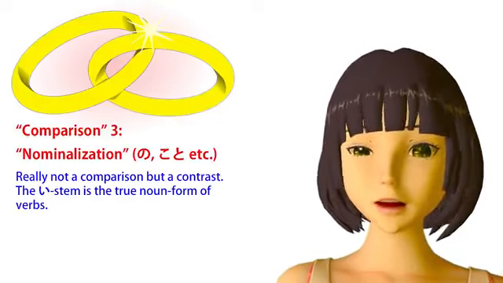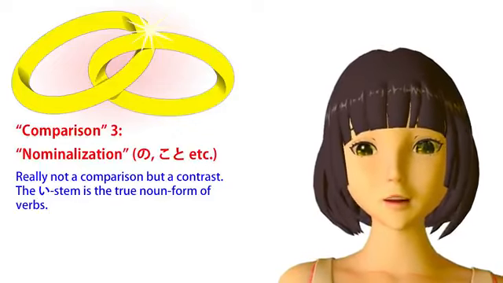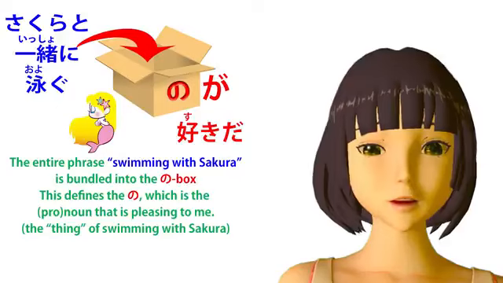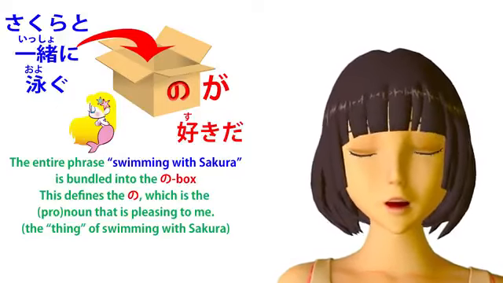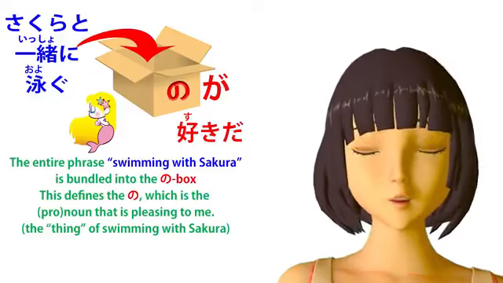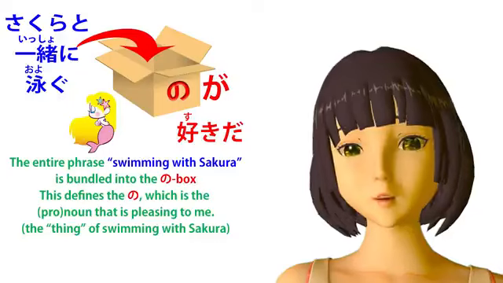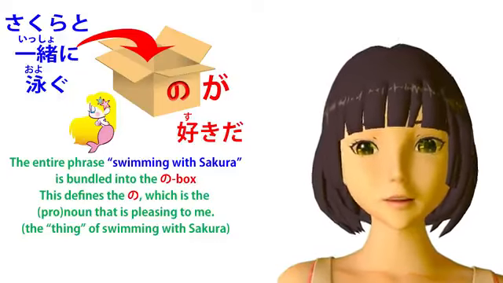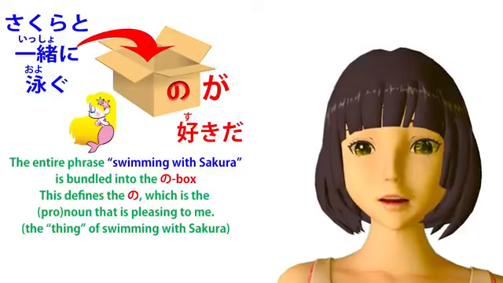Now, this isn't really nominalizing verbs, which is why I tend to avoid that terminology, because what we're actually doing here is not turning a verb into a noun, but turning an entire clause into some kind of a noun. We're not actually turning it into a noun. What we're doing is bundling it into a box created by a pronoun like no or koto.